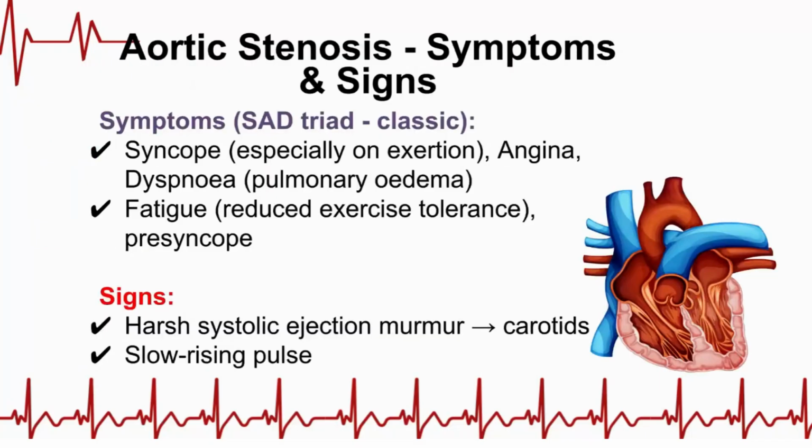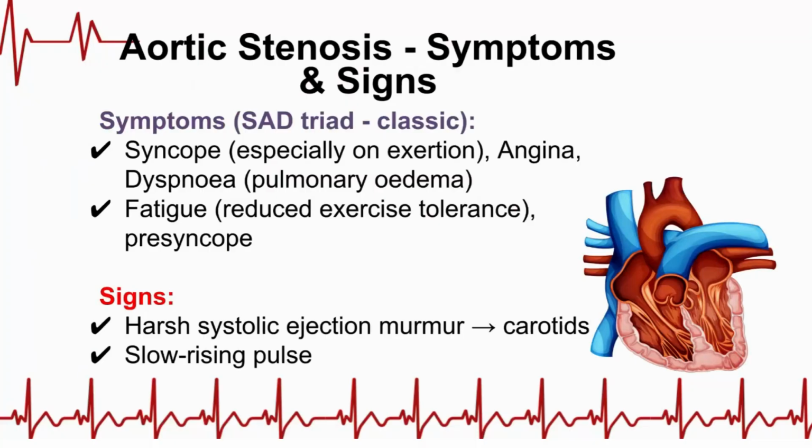So with aortic stenosis, there are some classical symptoms that you will see. It's a sad triad. So it is the syncope, angina, and dyspnea. So we discussed syncope already, but essentially that's because we have reduced cardiac output.